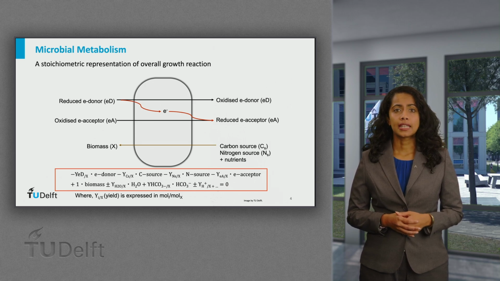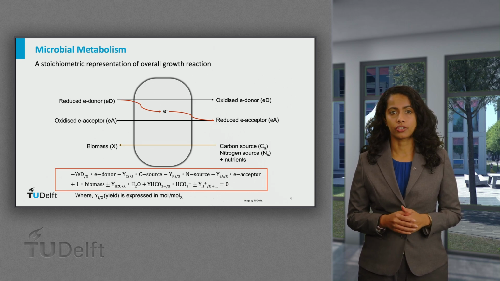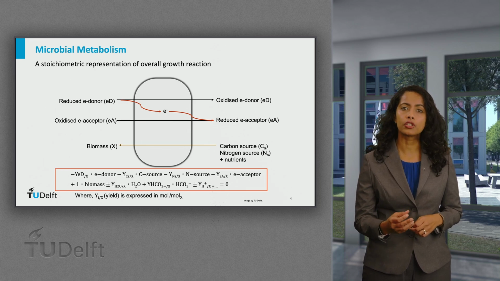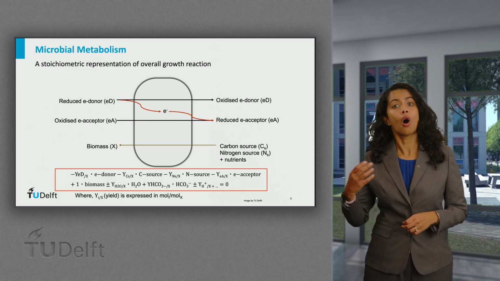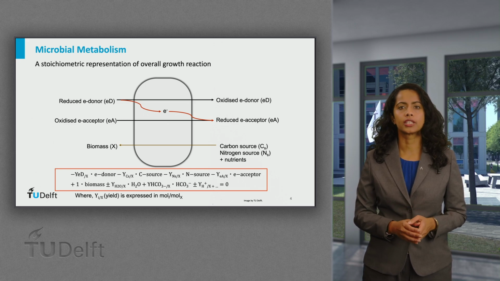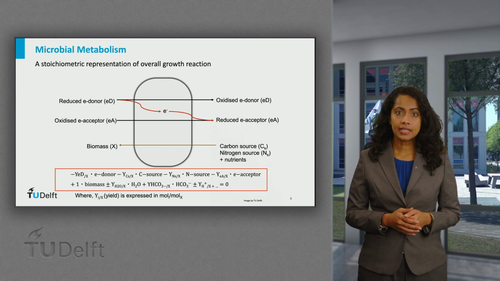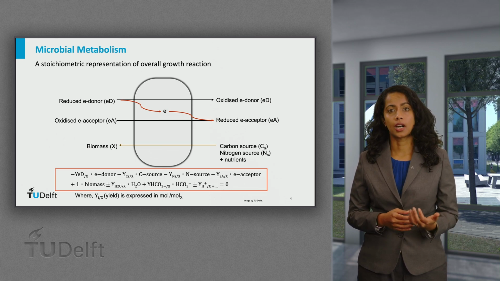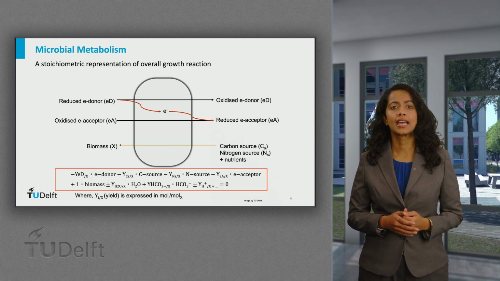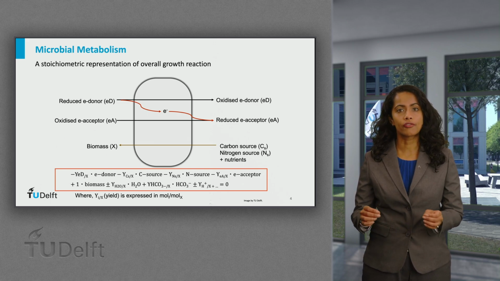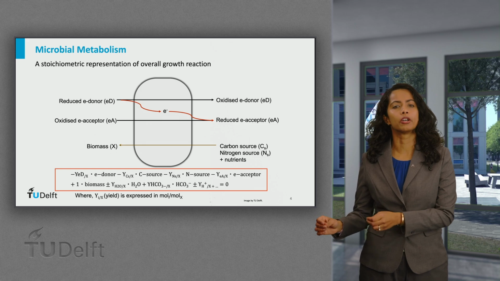Each of these components is associated with a yield factor, a stoichiometric coefficient that indicates how much of that compound is used or produced per unit of biomass formed. We can define yields for the electron donor, carbon source, nitrogen source, and electron acceptor, all expressed as moles of compound per mole of biomass formed.